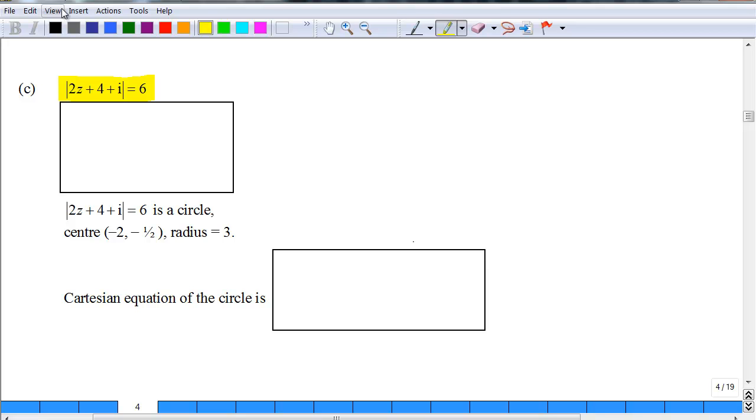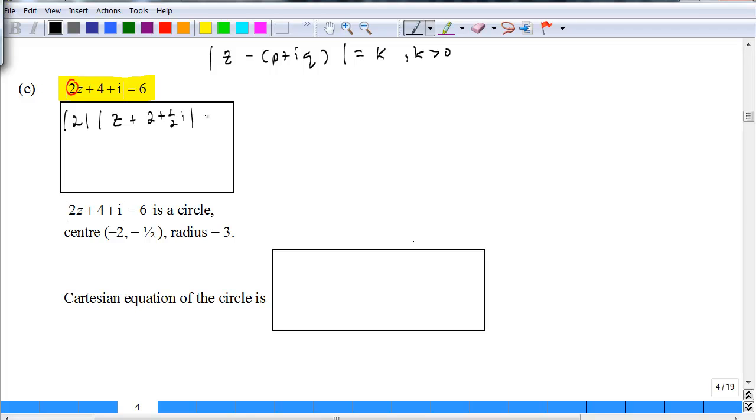The standard form is of the form |z - (p + iq)| = k, and k is bigger than 0. So I need to make the coefficient of z 1. So immediately you realize that you should take out the 2.